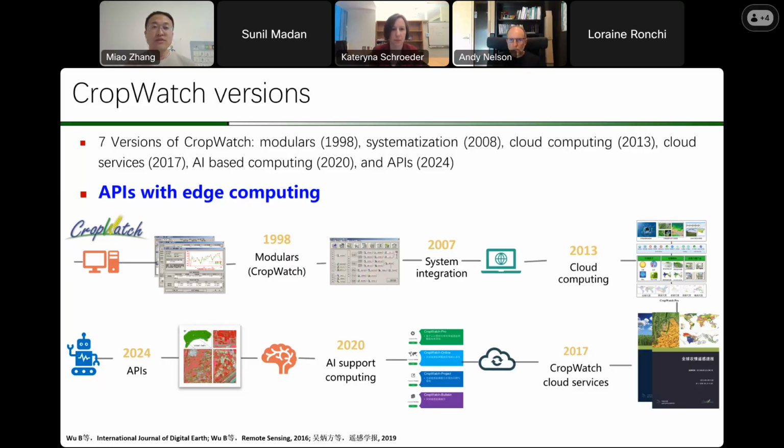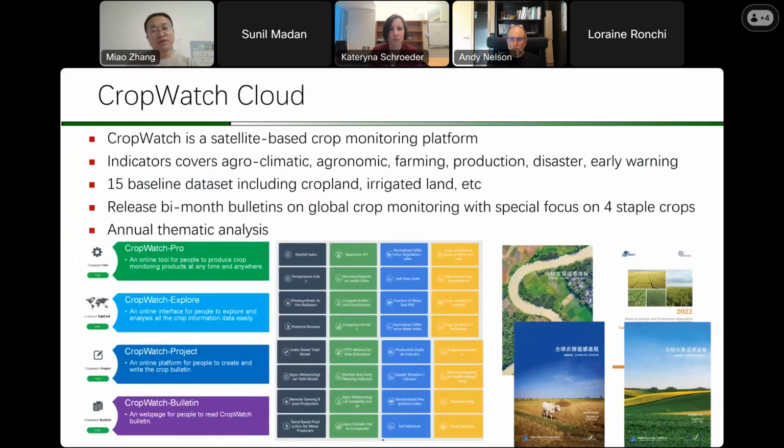And in recent years, with the development of artificial intelligence models, we embedded different models into our system to provide more advanced remote sensing processing and more advanced crop information. And since last year, we packaged our components into different APIs so that users can integrate different APIs together to do their own monitoring. So this is the whole upgrade history of the system.